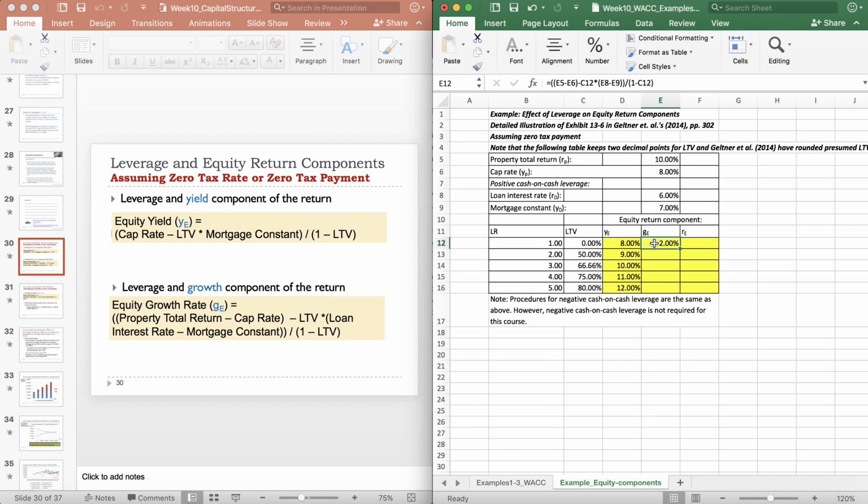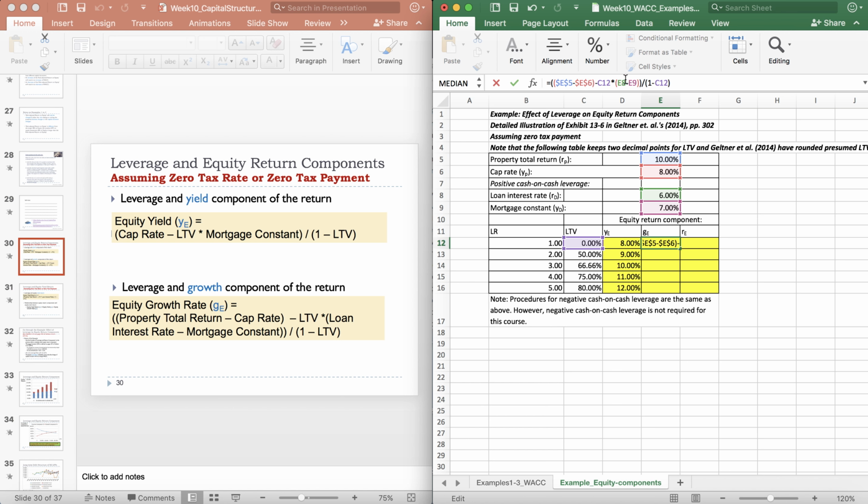Then in order to duplicate the formula, we need to fix those rates that will be the same for the following cells. So for property total return, we add a $ sign to fix its location. Then cap rate, we also add the $ sign to fix its location.